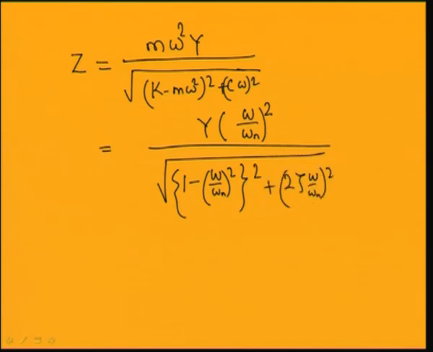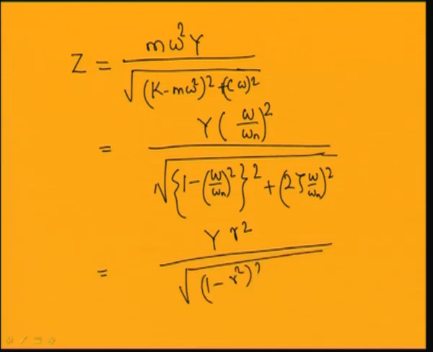You can note that in all places this denominator is same. So, in terms of r, it will be z equal to y r square by root over 1 minus r square whole square plus 2 zeta r whole square.